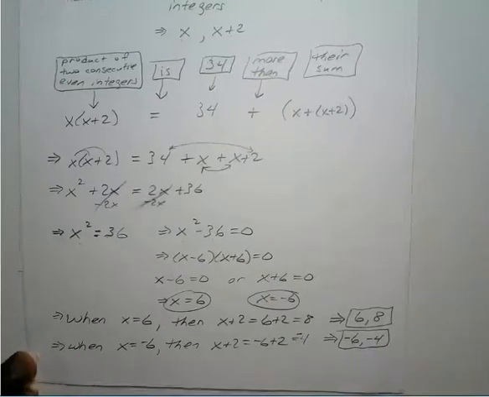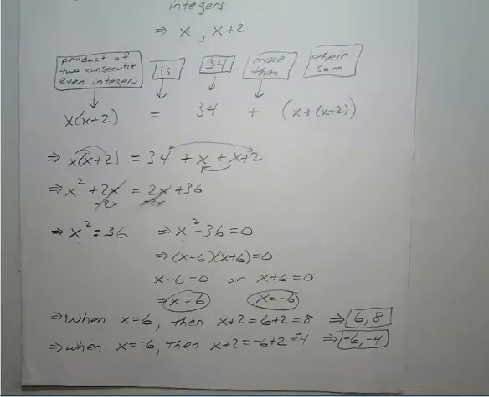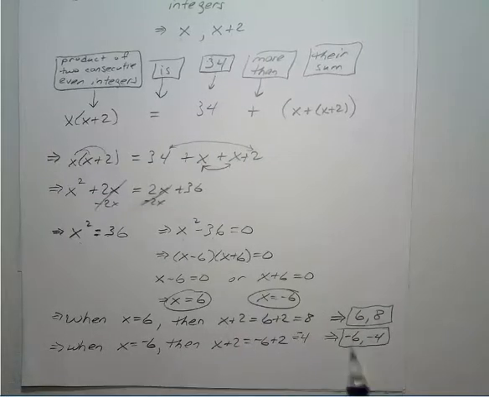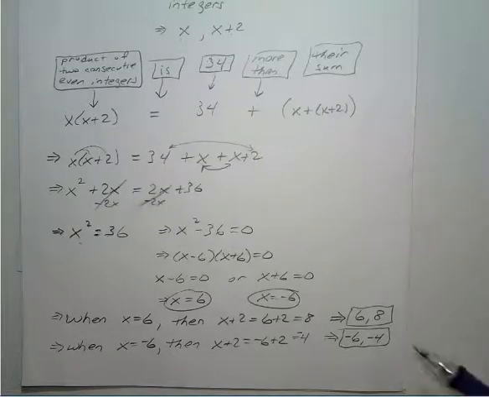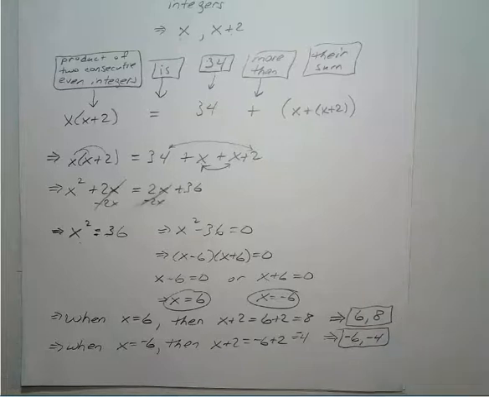So those two would be your answer. So you could have 6, 8 or negative 6, negative 4 as your two consecutive even integers. But you would have to put both solutions into your answer.